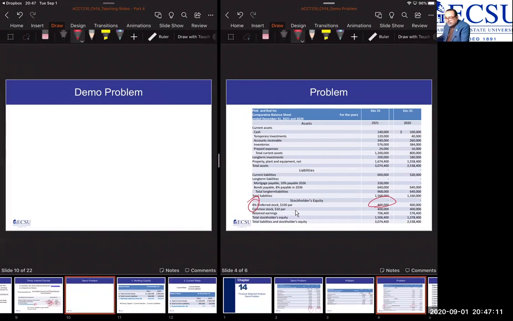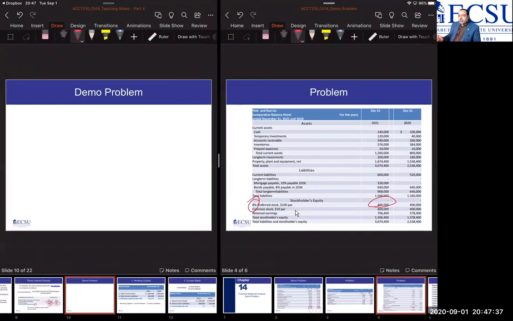Because, as we have talked about, preferred stock has a preference over the dividend, so we pay them out first. And usually that is fixed. So even if you make a lot of money as a company, you will be paying a fixed amount of dividend to the preferred stock. That's why you have a percentage attached to that preferred stock.